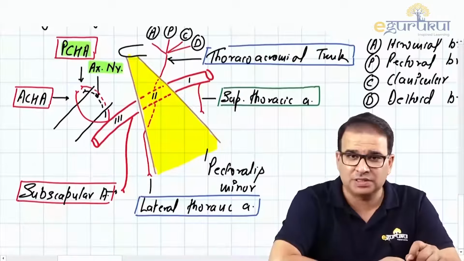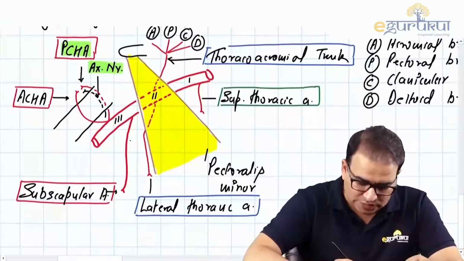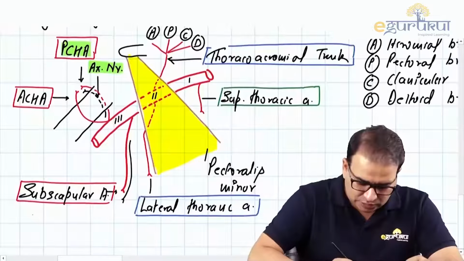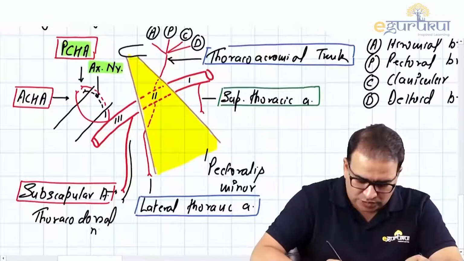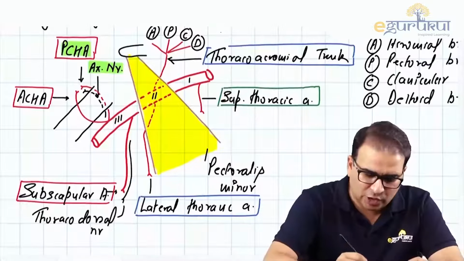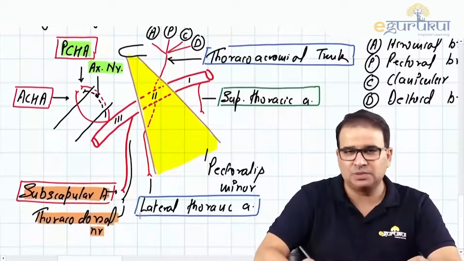Second important relation is subscapular artery. Along with subscapular artery, you will see a relation of the nerve, and this nerve here is the thoracodorsal nerve. Also, you can say nerve to latissimus dorsi. So the thoracodorsal nerve also can be called nerve to latissimus dorsi. So the second important relation is along with subscapular artery, we have a thoracodorsal nerve or nerve to latissimus dorsi.